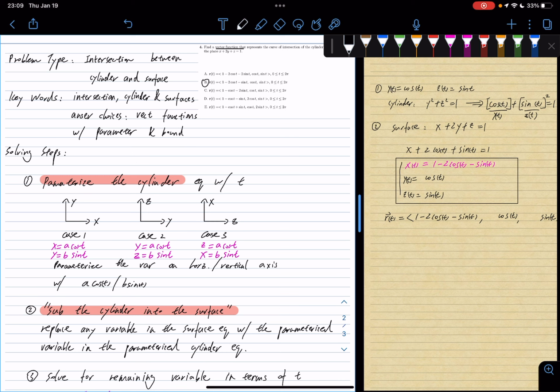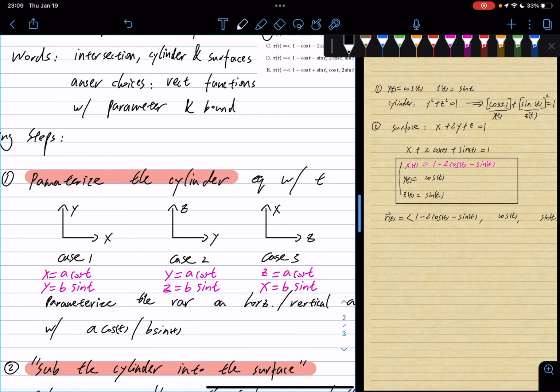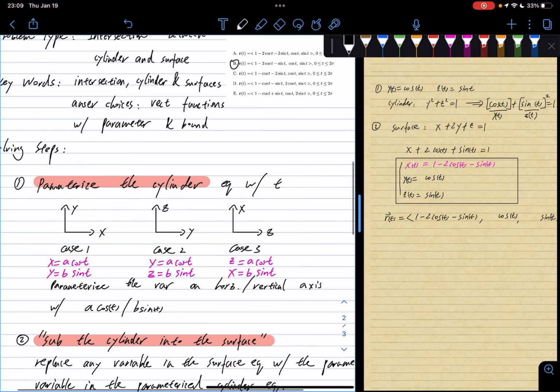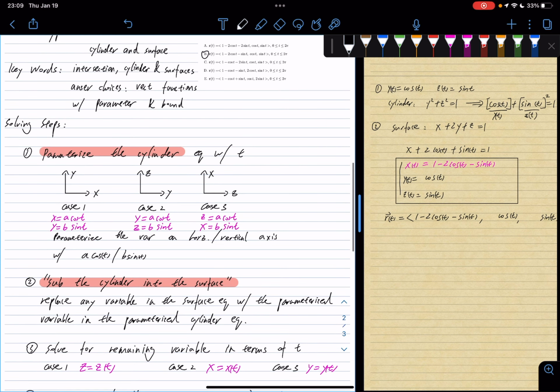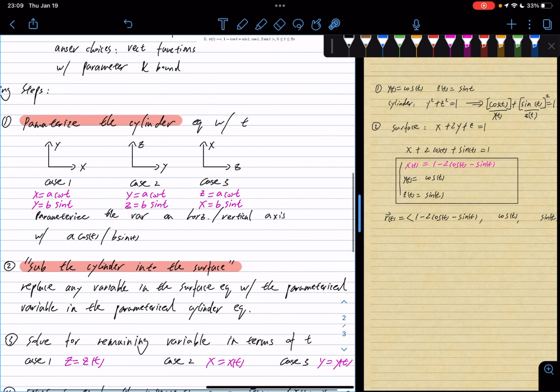First of all, we appropriately parameterize the cylinder with the parameterization variable t, and we have three different choices according to the right-hand rule. Then we sub the cylinder into the surface, by which I mean we replace any variable in the surface equation with the parameterized variable from the cylinder equation.